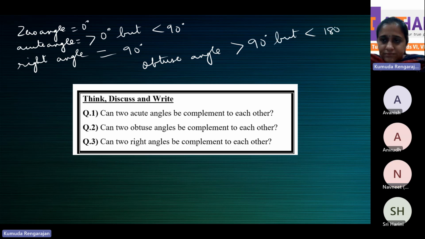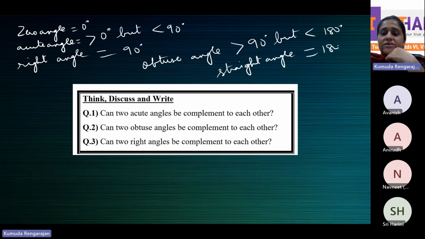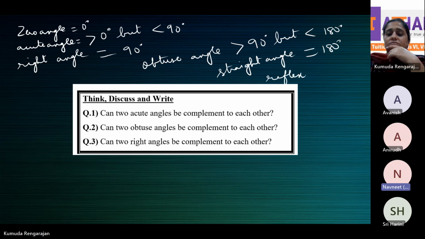Then what is a straight angle? Ma'am, equal to 180 degrees. Correct. What is the reflex angle? Greater than 180, less than 270.